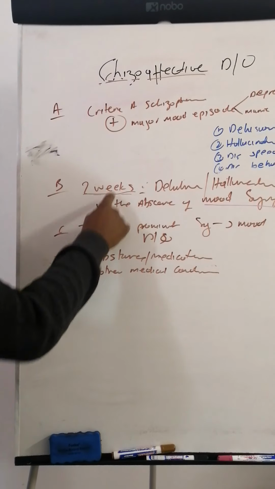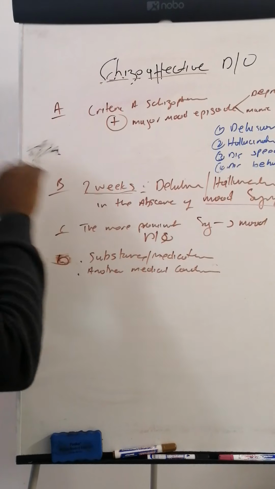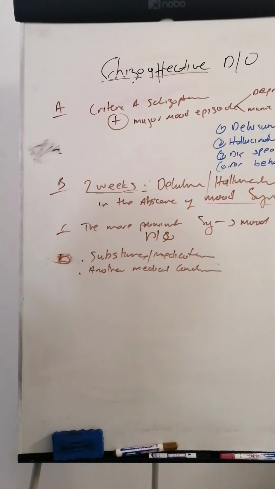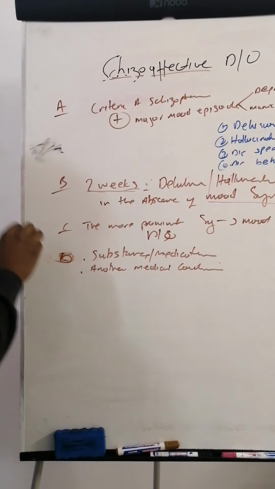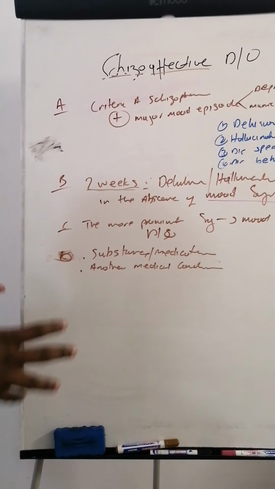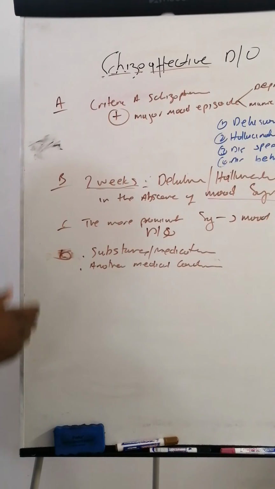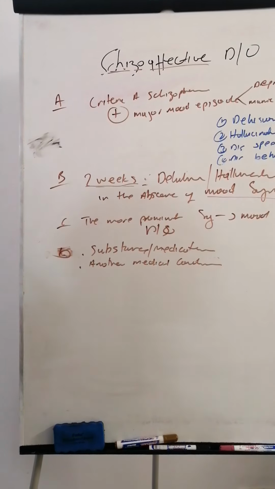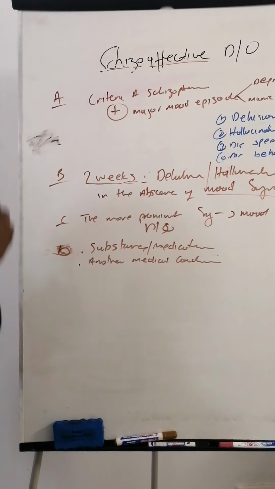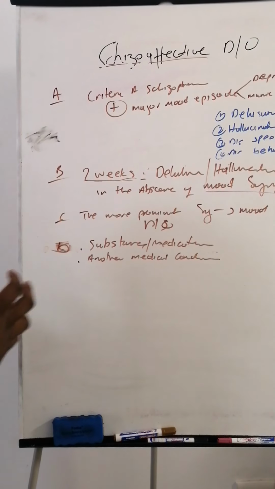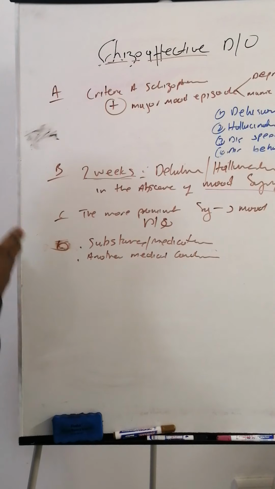You only need about 2 weeks for delusions and hallucinations, but the majority of the time you should be having mood symptoms. D says that these symptoms should not be better explained by a substance, medication, or another medical condition.